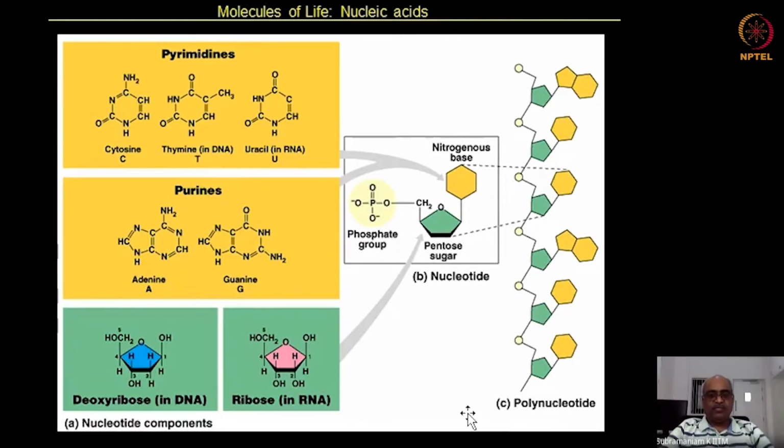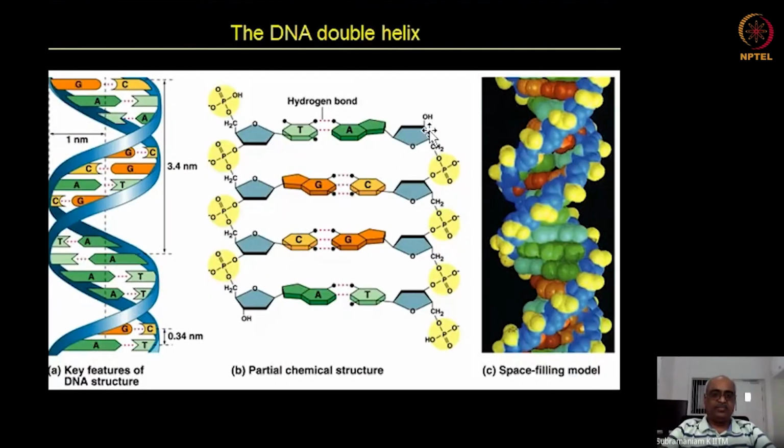If another molecule comes here in exactly the opposite orientation, with 5' free here and 3' free here, it would be anti-parallel to this. And that is the kind of chain with which base pairing happens. So one strand runs anti-parallel to the other one.